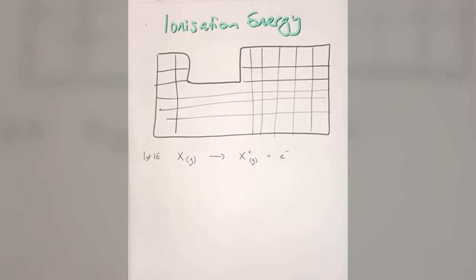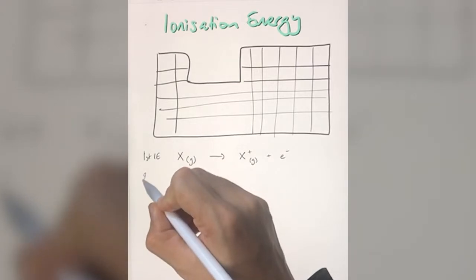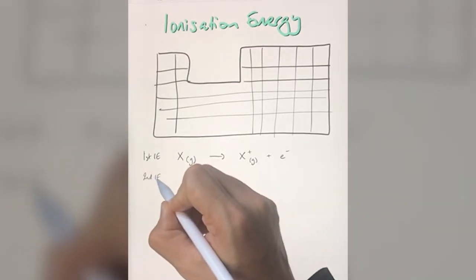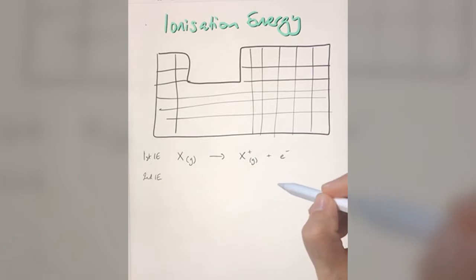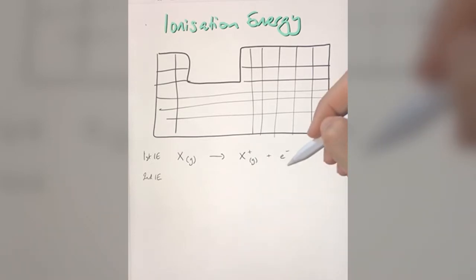Another thing to think about is what the second and third, or successive, ionization energy equations would be. This is something that people often get a bit confused about. Each time we're doing a successive ionization energy, we're just removing 1 mole of electrons from the previous one.